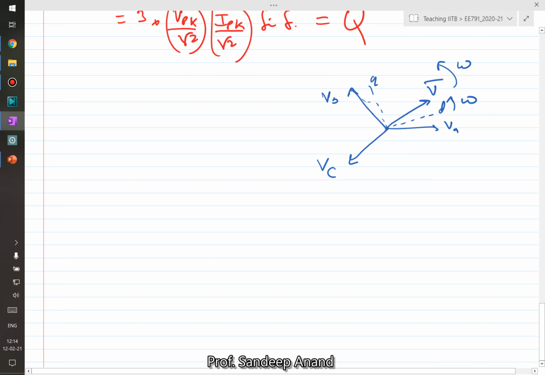One is Vd, one is Vq. What if we lock the d axis with the voltage vector itself? So not only the speed, but we match the phase also. So the speed and phase of the dq frame is matched with the voltage vector.